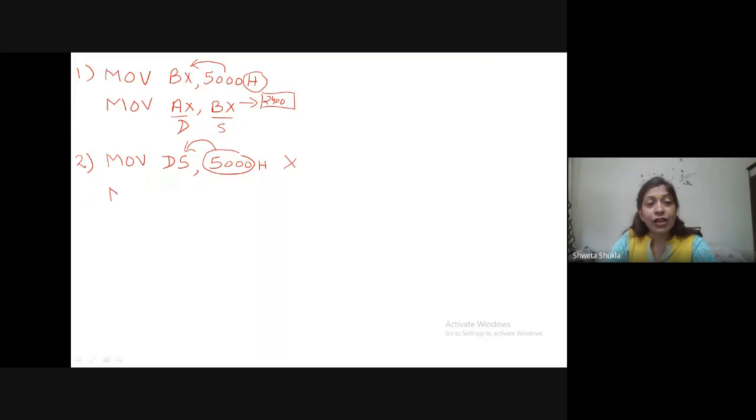There is one more, for example, MOV 2500, 5000H. That means you have to transfer the value 5000H into the memory location 2500. This kind of instruction is also not allowed in the 8086 microprocessor.